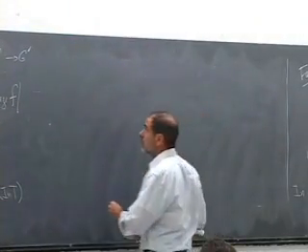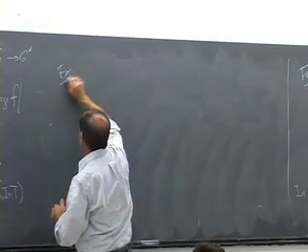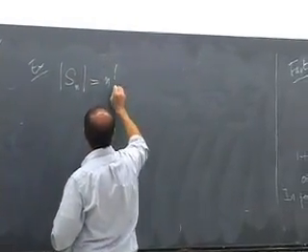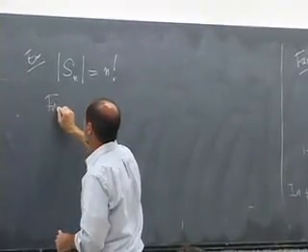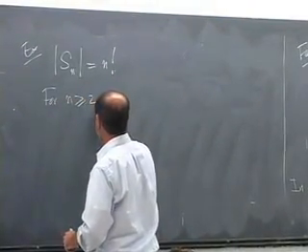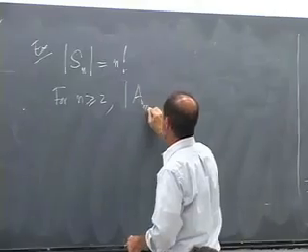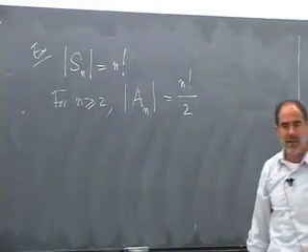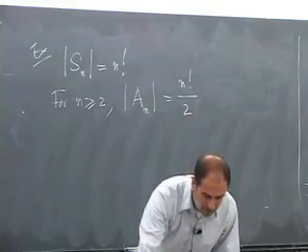an example of this: the order of the symmetric group on n letters is n factorial. For n greater than or equal to 2, the order of the alternating group on n letters is n factorial over 2, as I claimed last time. Proof?